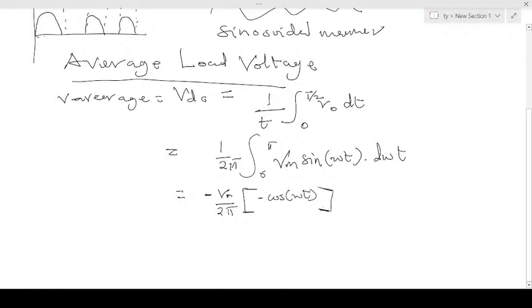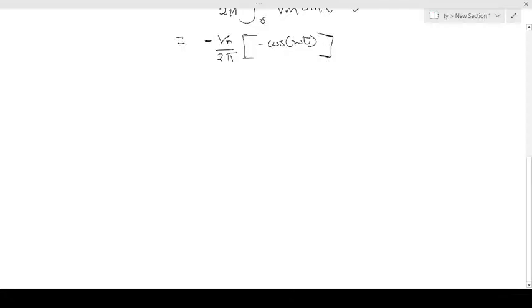Now, if we put the limits pi and 0 into this equation, we'll have V average, or V DC.